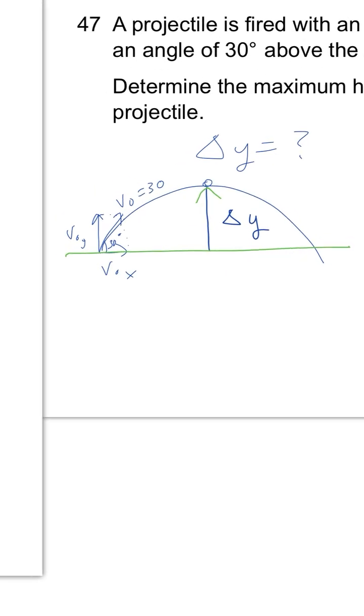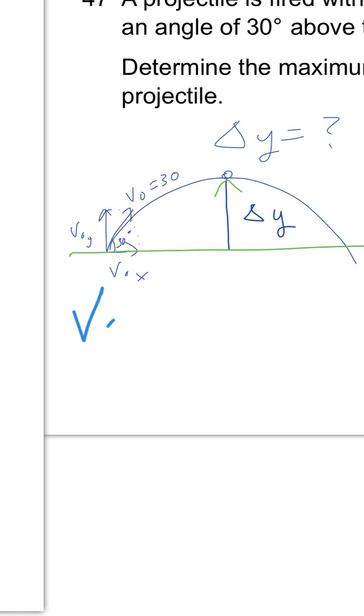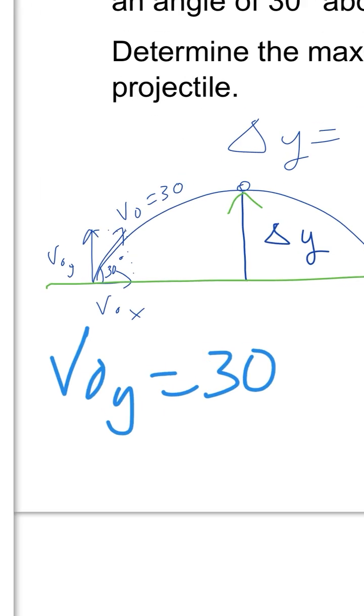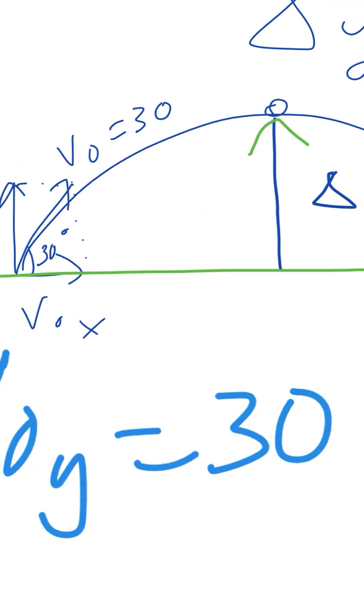So VOY is equal to VO, 30, times sine, because it's the y component, sine of 30 degrees.